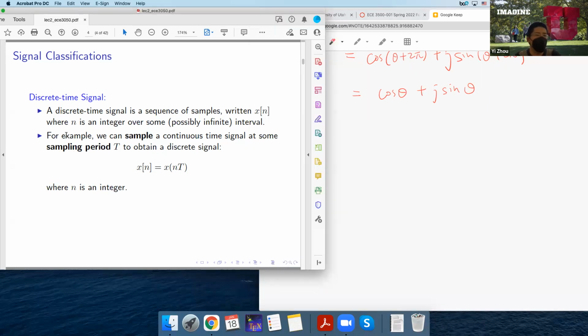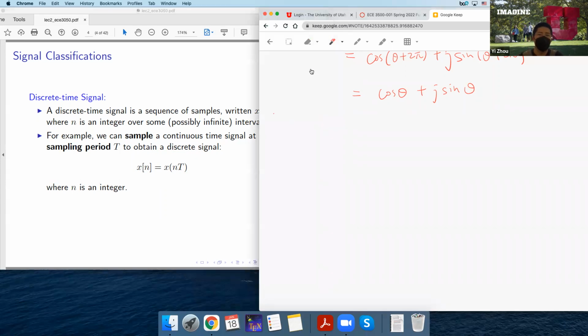As an example, we will discuss this later in one of the lectures. We can sample a continuous time signal at some sampling period to generate a discrete time signal.